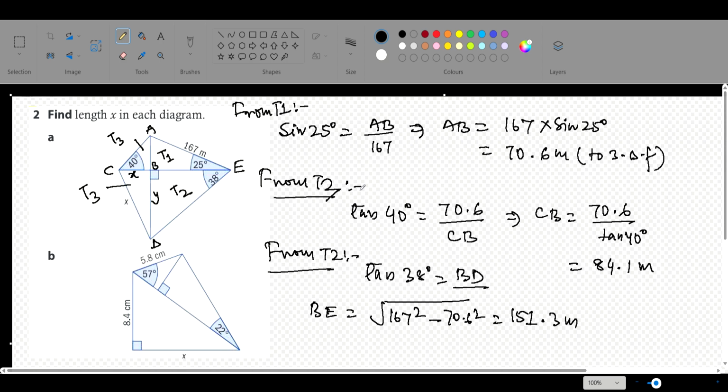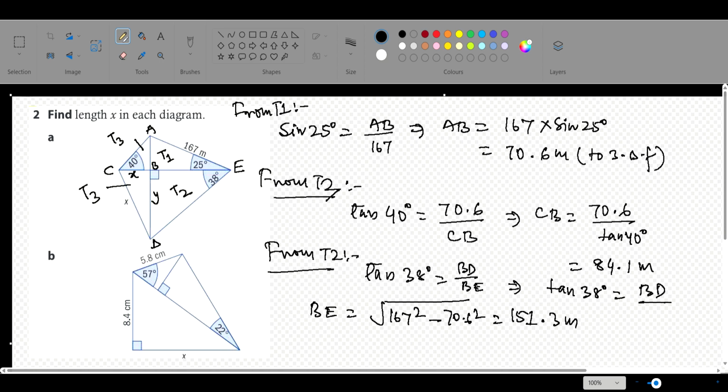So now we have the BE, so we can use the tan 38 now. Tan 38 is BD over BE. So tan 38 is BD, which is missing right now.